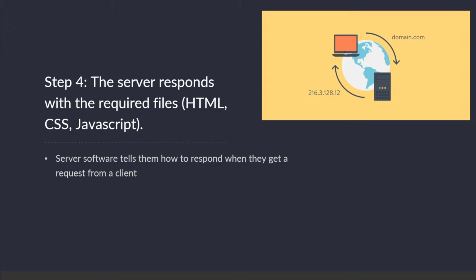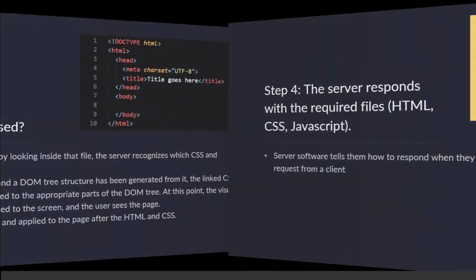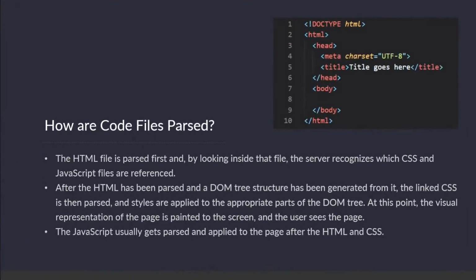These packets fly across the internet, and they get to you, where your browser unpacks them and parses them and puts them on the screen so you can see them. Again, what you are seeing is a copy of the code files that are parsed. And how these code files are parsed is incredibly important to us.